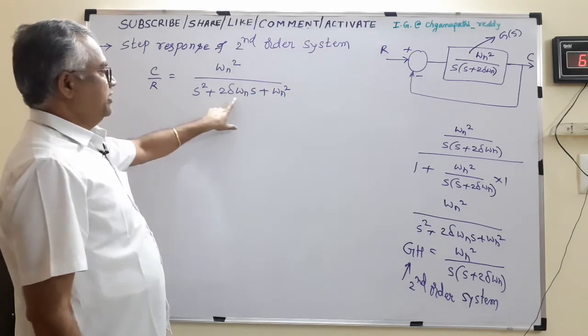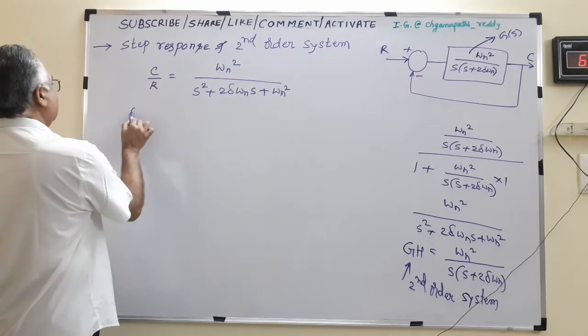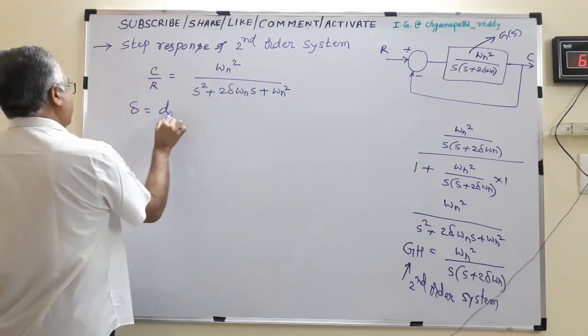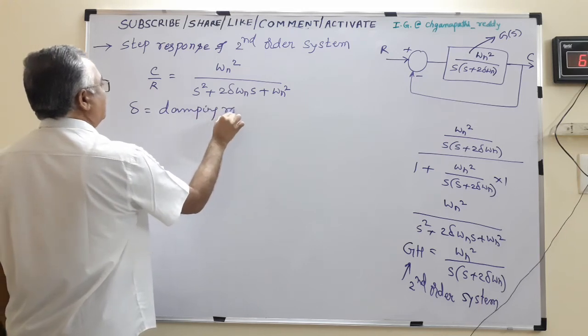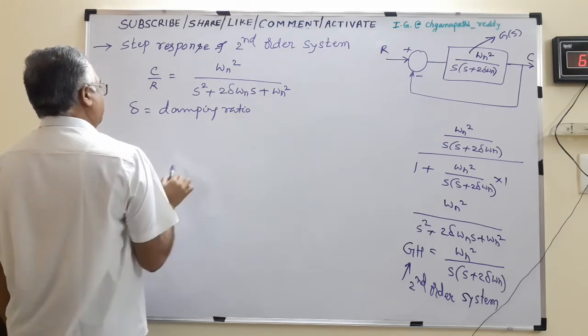So C by R looks like this. What is delta? It is the damping ratio.